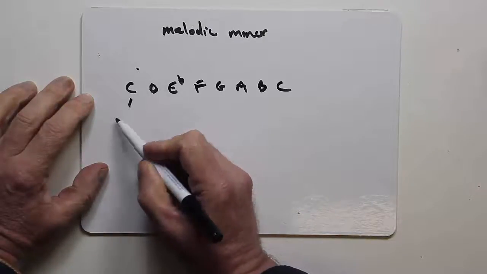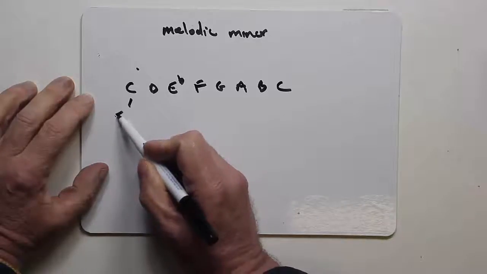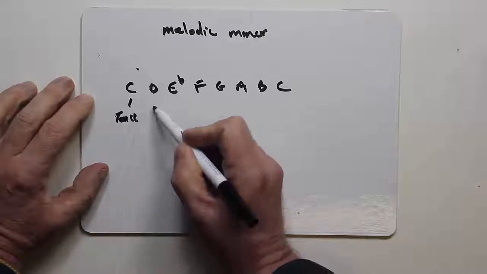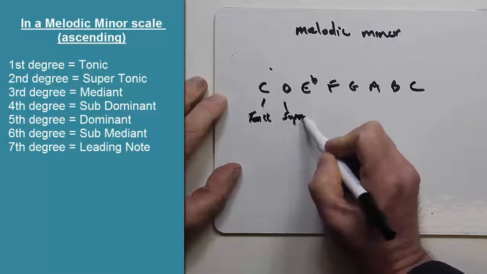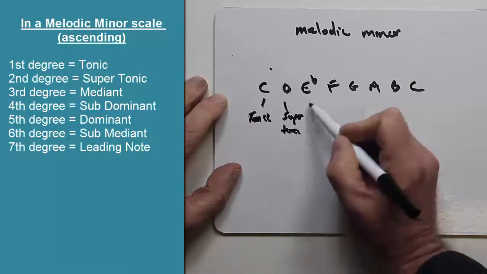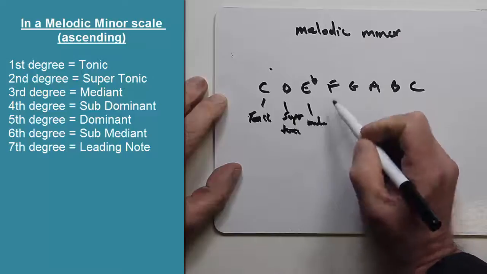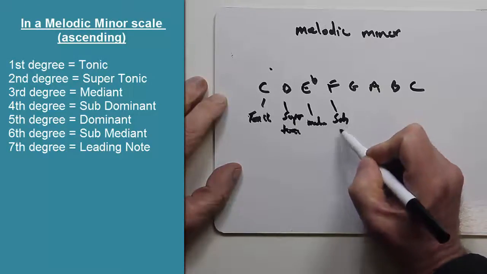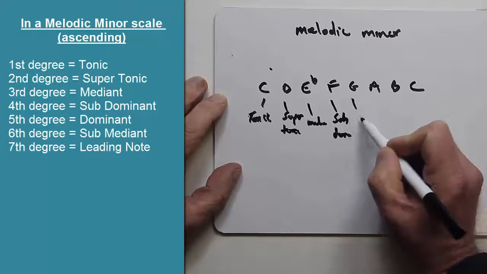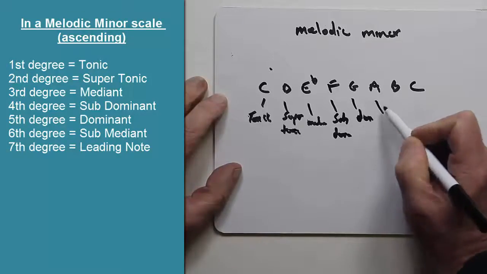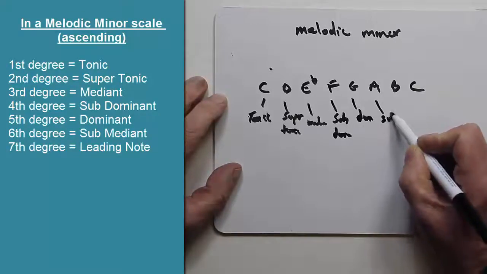So first note is the tonic again. Second, supertonic. Third's mediant. Fourth, subdominant. Fifth is dominant. Sixth is submediant.